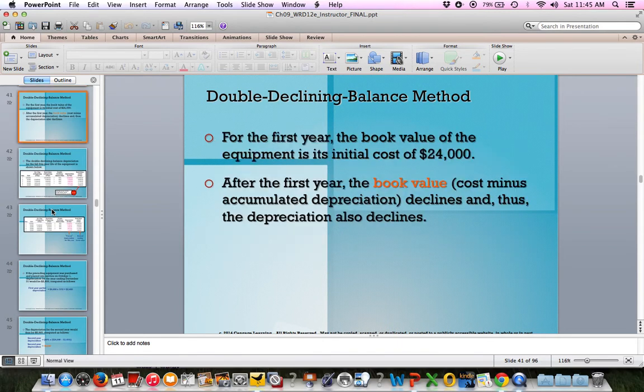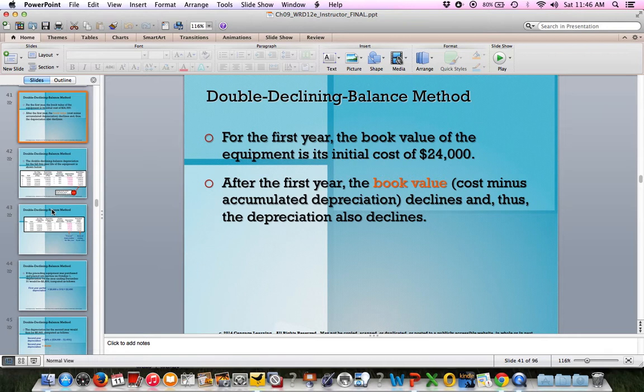For the first year, the book value of the equipment had a cost of $24,000. So still going back to our same equipment example. So there's one key difference between double declining and straight line and units of output, and that is that I don't take into account salvage value at first. Okay, so the goal here is to take as much depreciation as I possibly can early on.